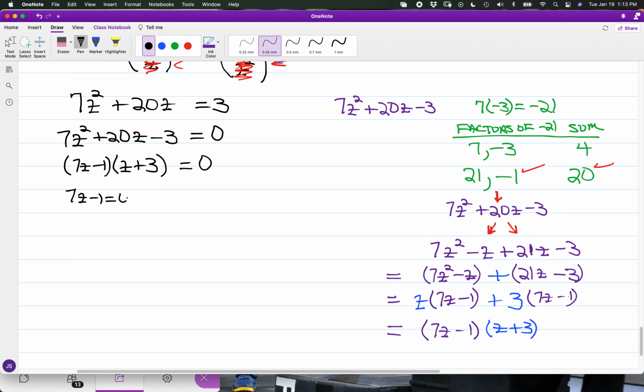And setting each one to 0. So for 7z minus 1 equal to 0, I have that 7z is equal to 1. So we have that z is equal to 1/7. And for z plus 3 equal to 0, we'll have that z is equal to negative 3.